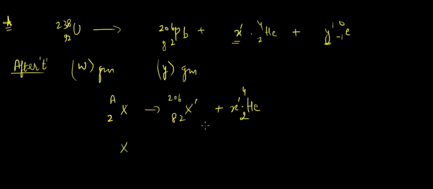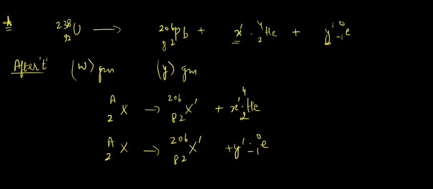And similarly, if this X dissociates into beta particle, which is in this case Y dash moles of beta particles, then we can again write it disintegrated into lead with atomic mass 206 and atomic number 82.